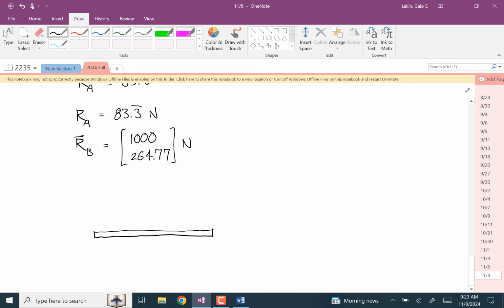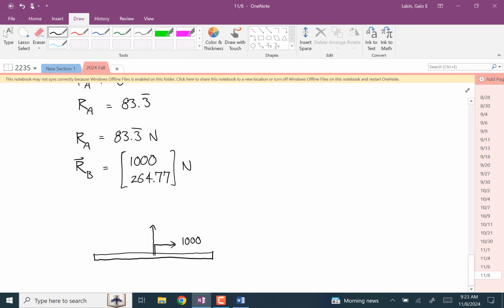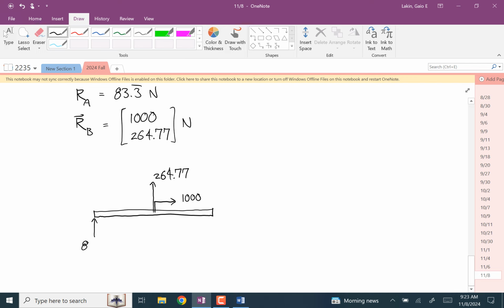We have a force at the center of 1,000, a force up at the center of 264.77, a force up at the left of 83.3 repeating.